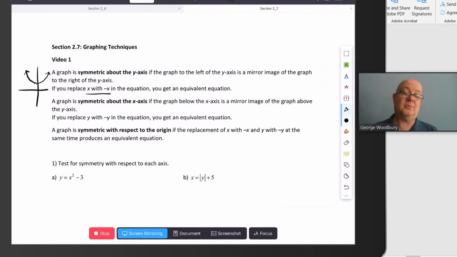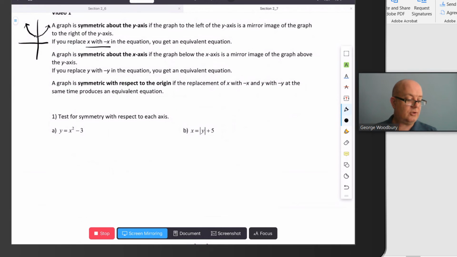If so, it's symmetric about the x-axis. For the origin, we'll come back to that in the next example, but we're going to make both substitutions, negative x for x and negative y for y, and if they produce an equivalent equation, then it's symmetric about the origin.